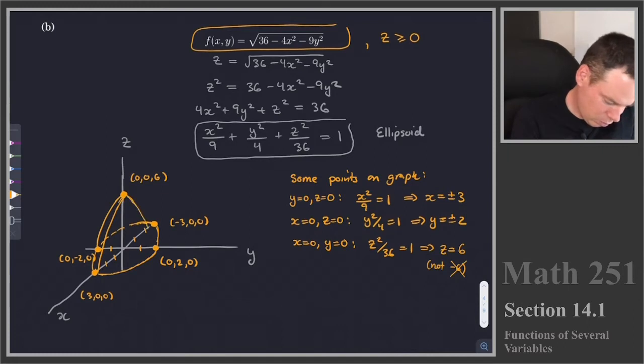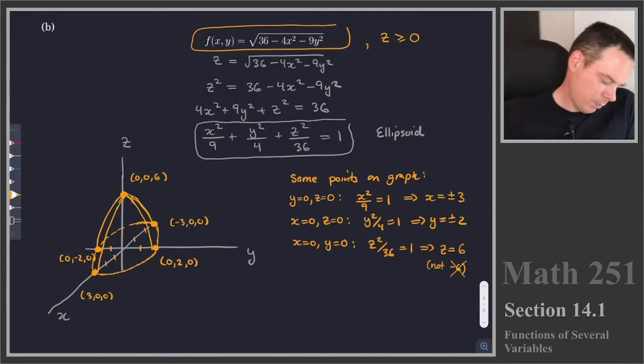Again, I'm just drawing a sphere-like shape, but connecting all the points that I've plotted. And so what we get is what looks like an upper hemisphere, but it's been stretched. Stretched in the y direction by a factor of 2, in the x direction by a factor of 3, and in the z direction by a factor of 6.